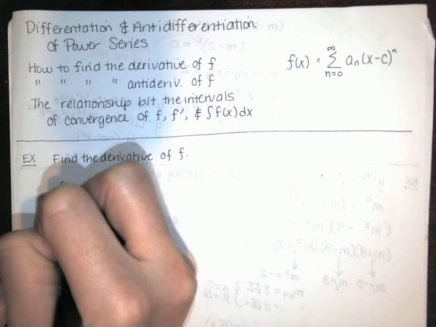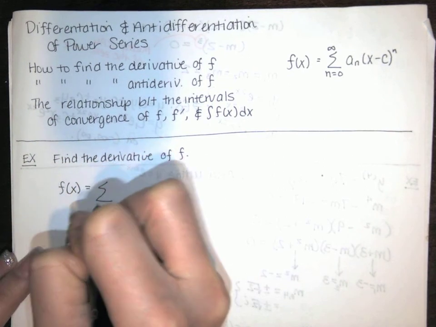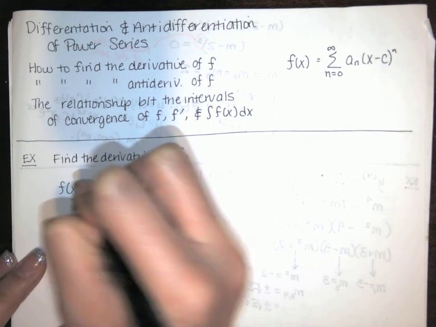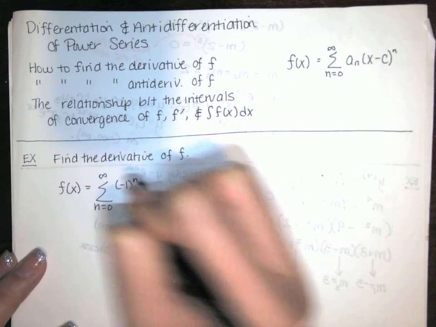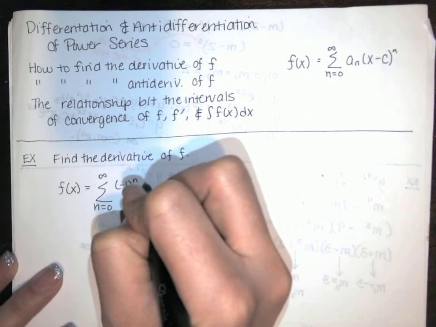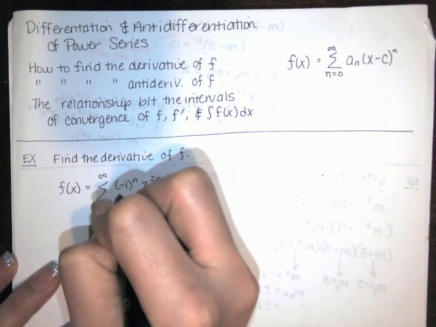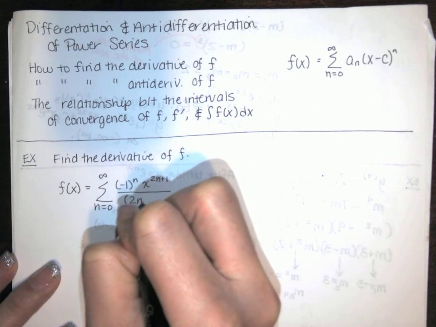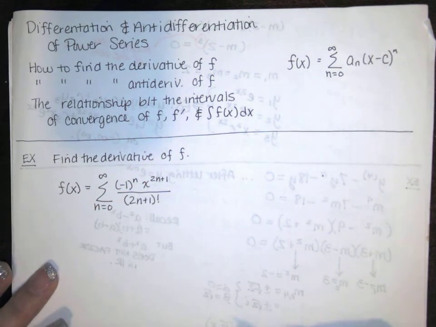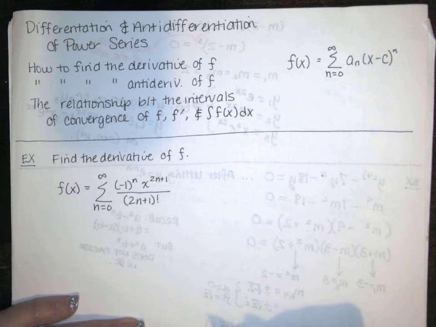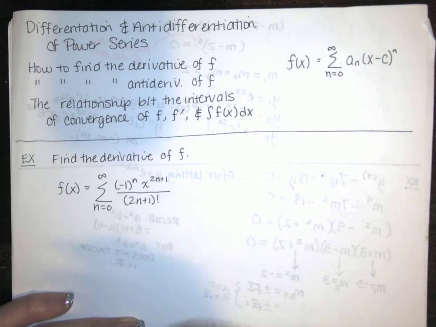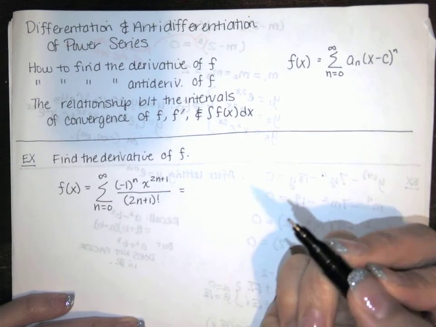So I have f of x equals the sum as n goes from 0 to infinity of negative 1 to the n times x to the 2n plus 1, all divided by 2n plus 1 factorial. If I'm asked to find the derivative of this, it often helps me to just expand it. Remember what it is we're looking at.